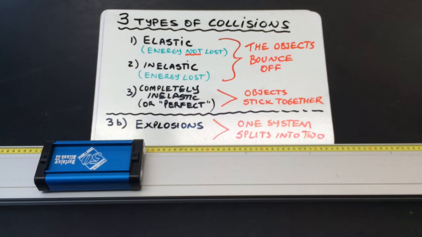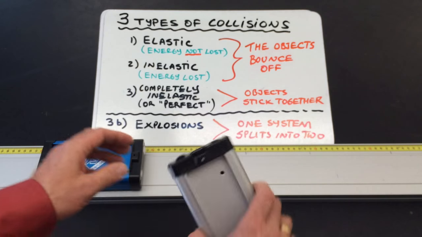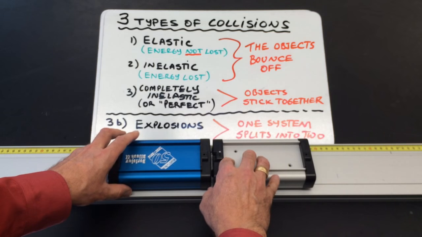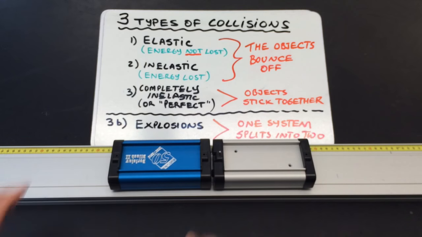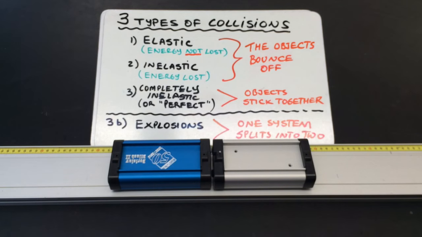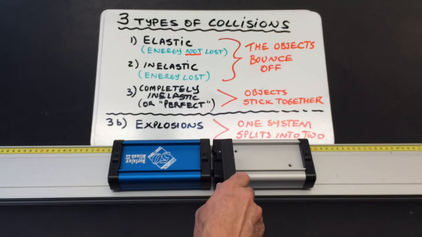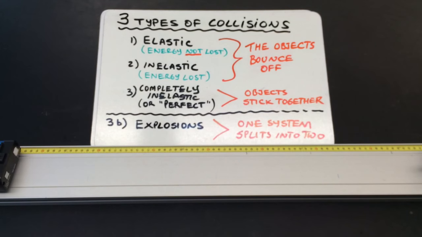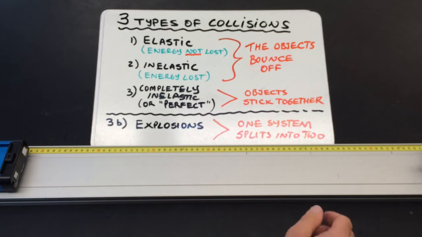Now we can take another cart that has this little plunger right here, and in an explosion we have a system. Here I have a system that obviously has two parts, and what's going to happen is I'm going to just press this button here, and the two objects explode and they split apart.